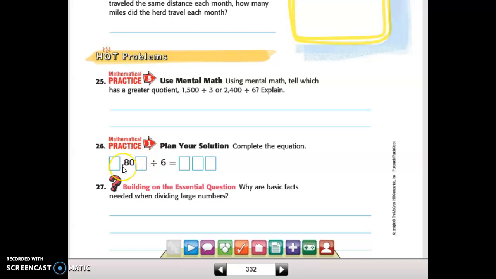So what you want to think about is what multiple of 6 has an 8 in the ones place. So when you're writing out your 6, 12, 18, 24, 30, think about which one has an 8 in the ones place and see if that will work in order to get you an answer there. That's a little tip to help you solve number 26. Good luck!